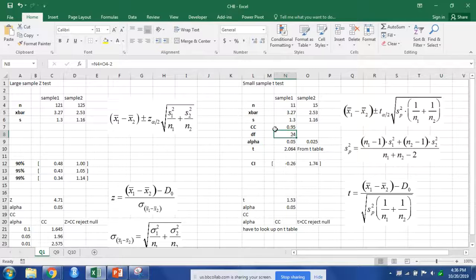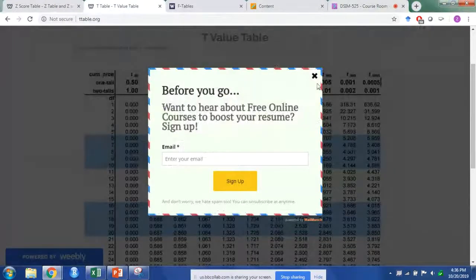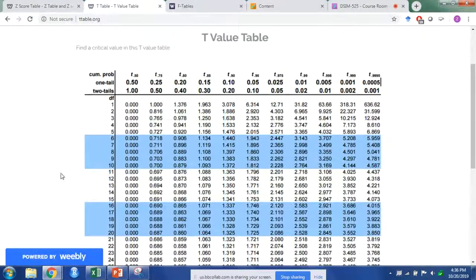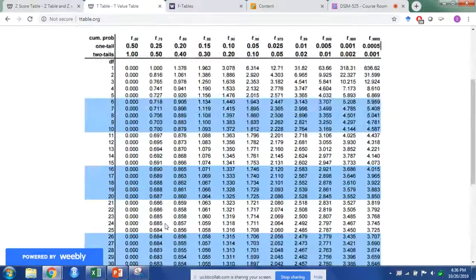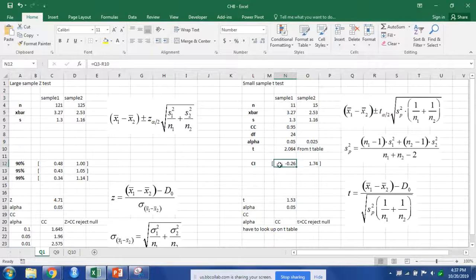So it calculates your degrees of freedom and your alpha divided by 2, where you can then go to a t table to look it up. 24 degrees of freedom at 0.025. So our critical value is 2.064. We use that to calculate our confidence interval, as it is that value there.